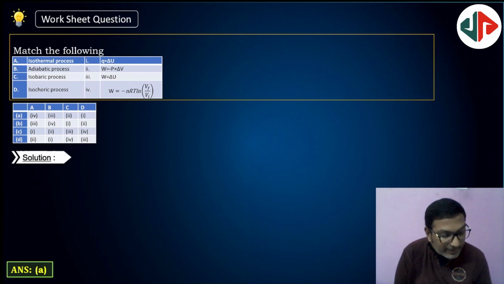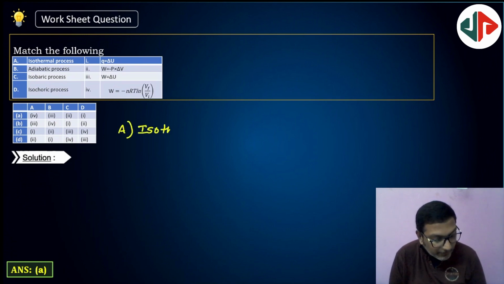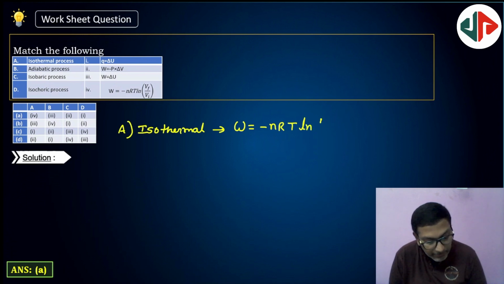Next one: adiabatic process, isothermal process, isobaric, isochoric are given. Here option A first. For isothermal, work done equal to minus nRT ln Vf by Vi, V final by V initial.